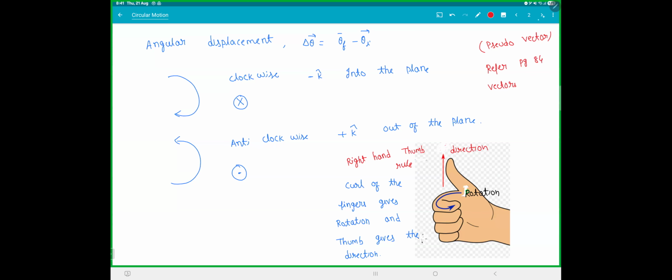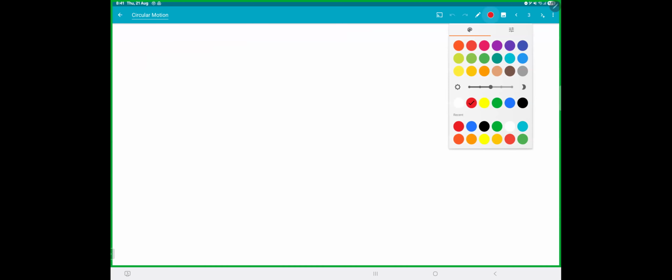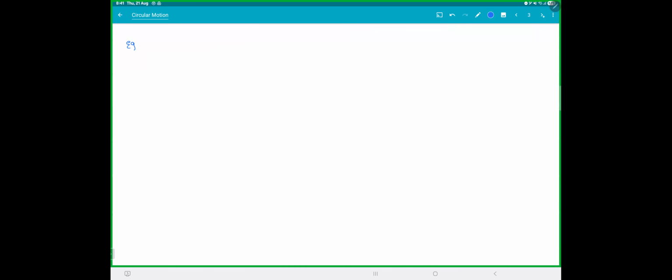So for example, let's say we have a particle and a reference line. Let's say this is theta initial or theta 1, and this is theta 2.